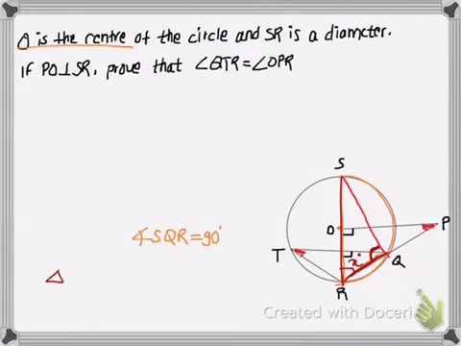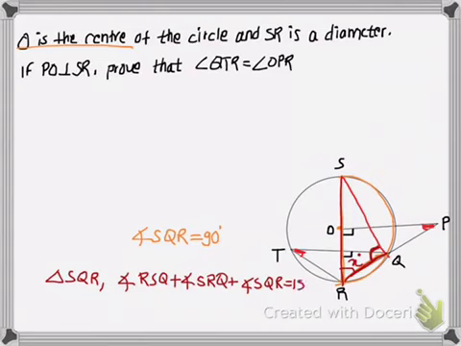So if we look into the triangle SQR, we can say that angle RSQ plus angle SRQ plus angle SQR is equal to 180 degrees, since they are the sum of angles in a triangle.